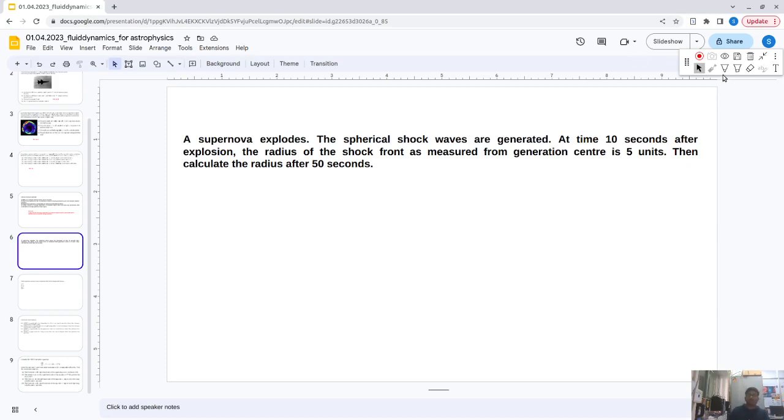So, you know, the radius of the shock depends upon the time.